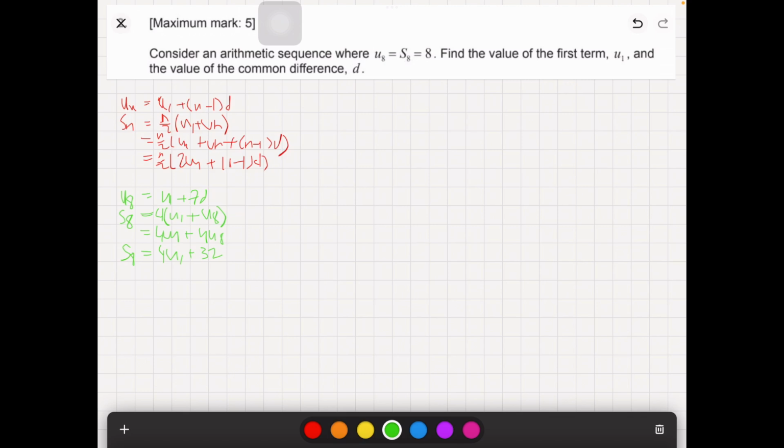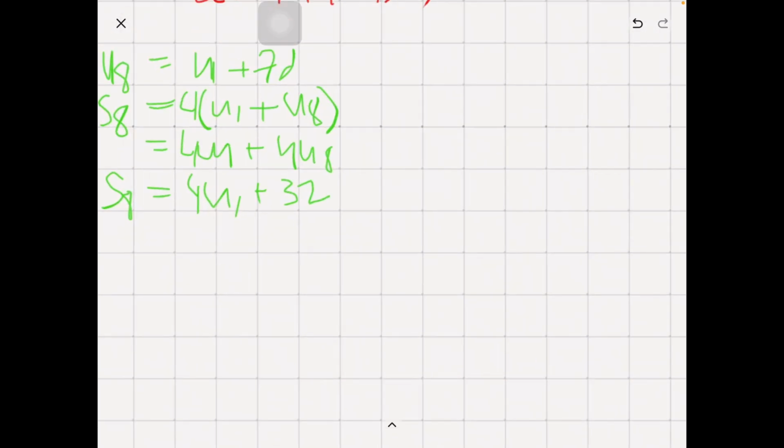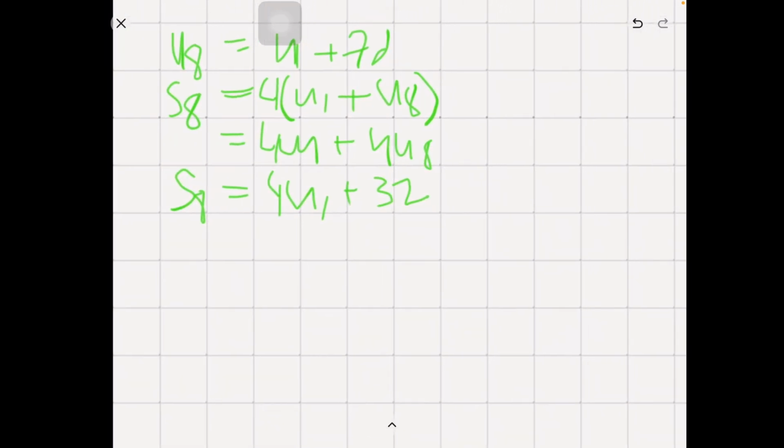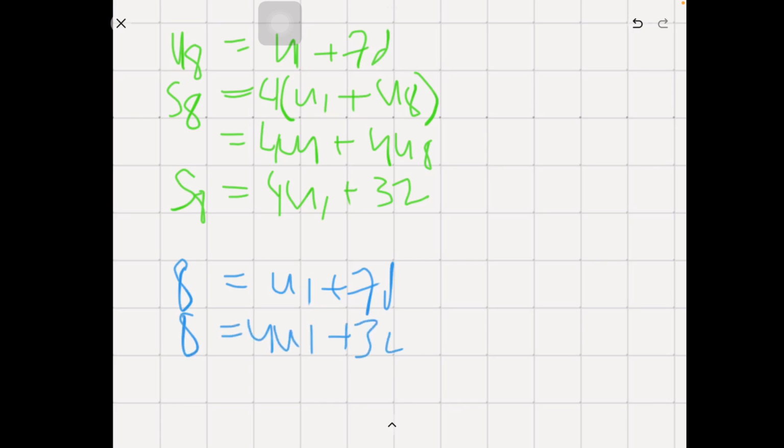So we can kind of sub that in. And let's label this equation 1 and this equation 2. Now, we can go ahead and solve equation 2.